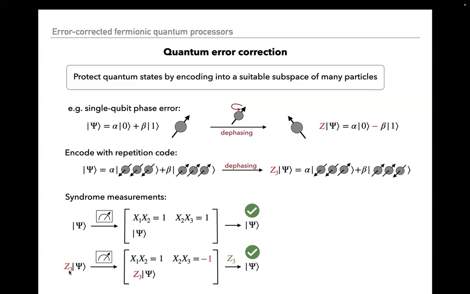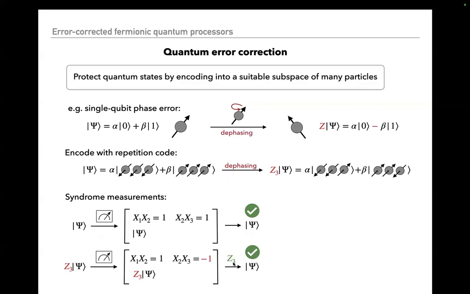Suppose this error happened over here. You again do the same measurement, but since Z3 anti-commutes with X3, and therefore with the second operator, you would flip the measurement result to -1. You would get a state which is the erroneous state. However, from the measurement outcome you can uniquely identify which error has happened.